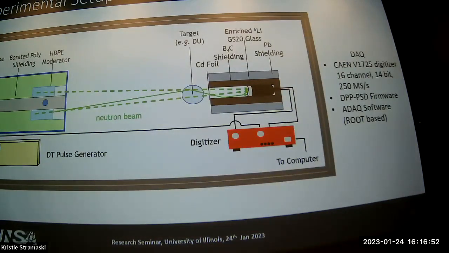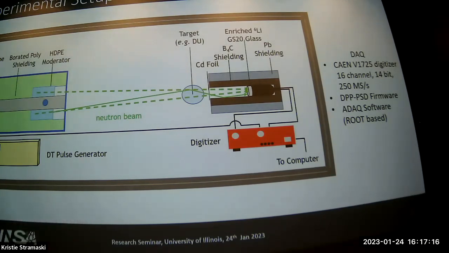Now, this is how the experimental setup looks. We had a time of flight distance of around 1.6 meters or 2 meters. And our target was kept right in front of the box, which is the housing for our detector, which had lead shielding and the boron carbide shielding.